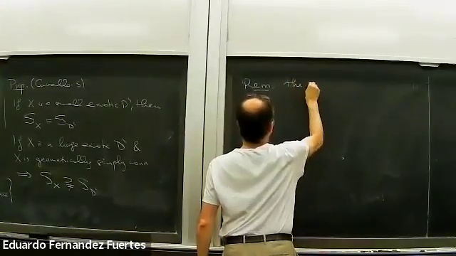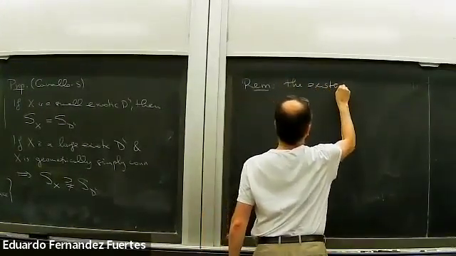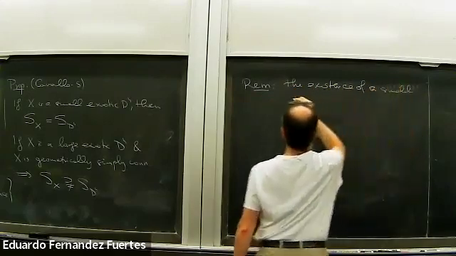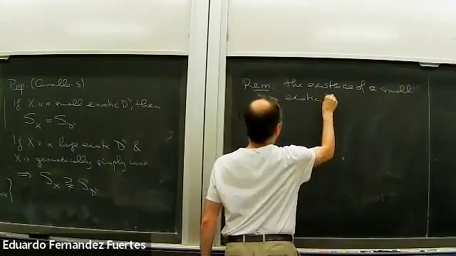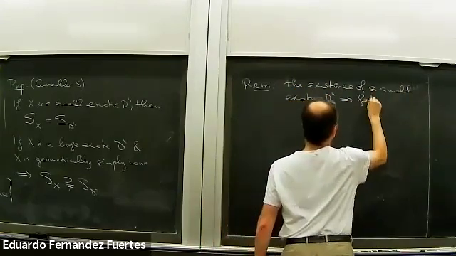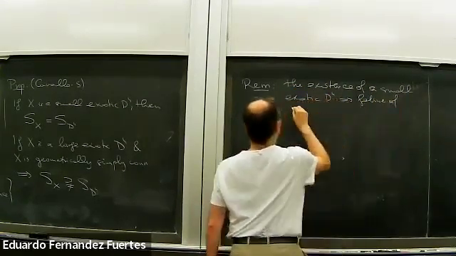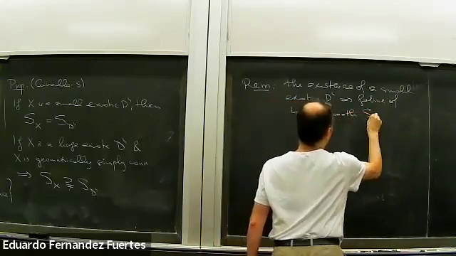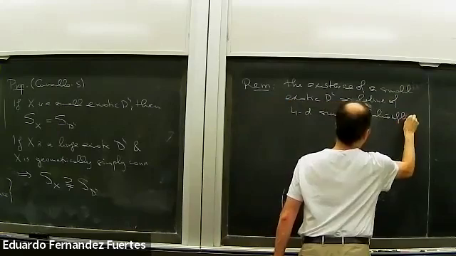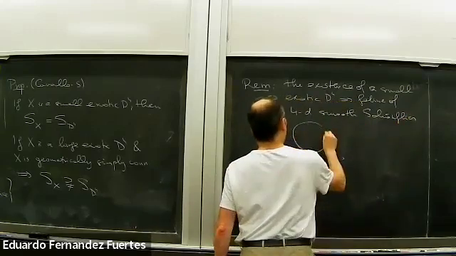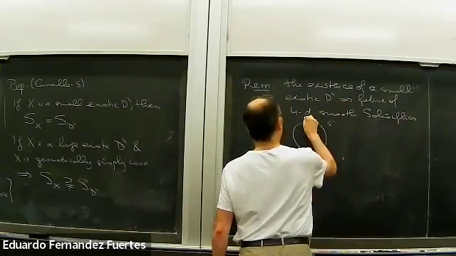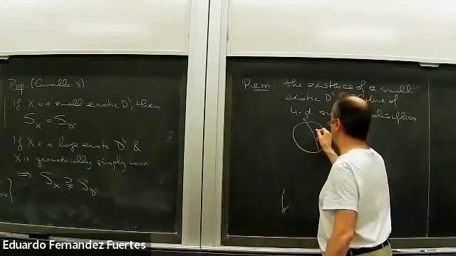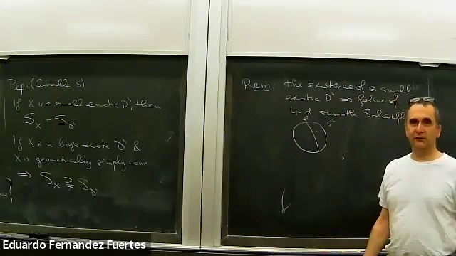The existence of a small exotic D4 implies the failure of the 4D smooth Schoenflies conjecture, which states that if we have S4 and we embed S3 in some differentiable way, then one side should be the standard D4.